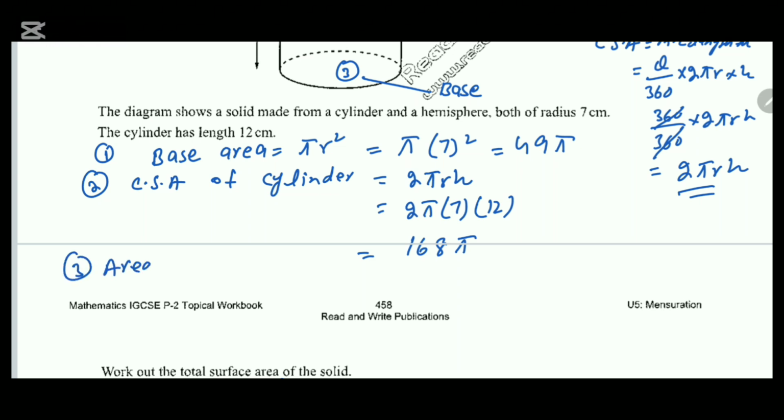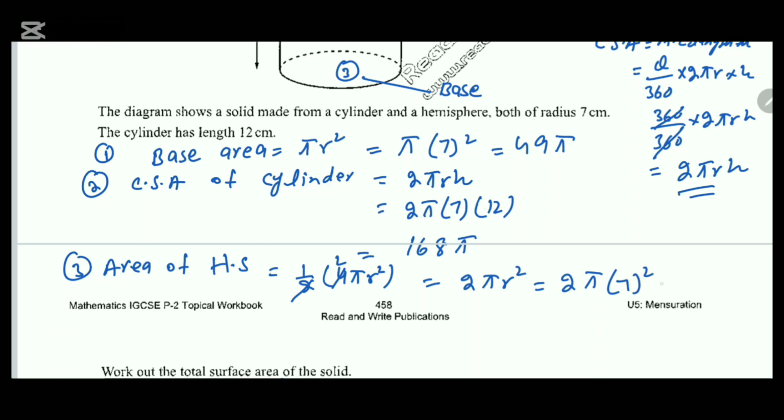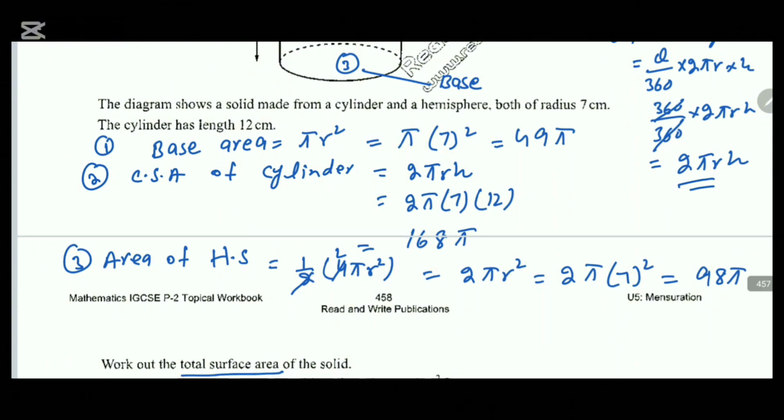Area of hemisphere is equal to half of the sphere, 4 pi r square. 4 pi r square is the formula of sphere, and hemisphere will be half of that. So it will be 2 pi r square, and 2 pi, r is 7, and that is 98 pi. So area of hemisphere.